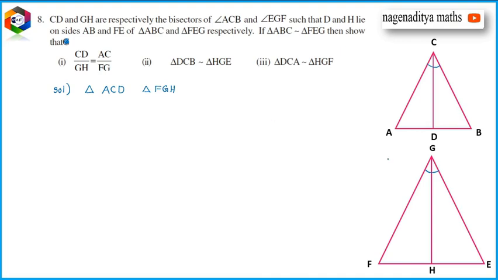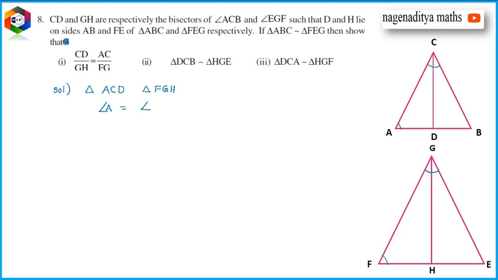In both triangles, angle A must be equal to angle F, because by given, triangle ABC is similar to triangle FEG. That is why the corresponding angles must be equal. That is why angle A must be equal to angle F.